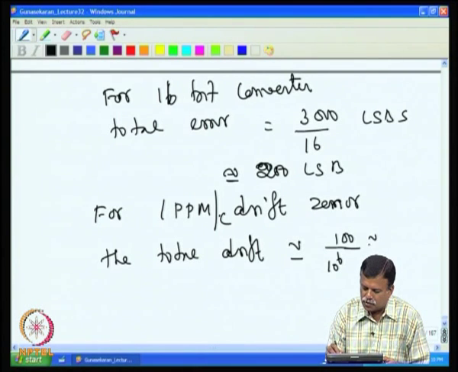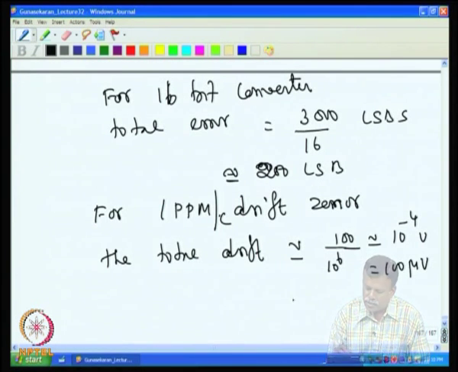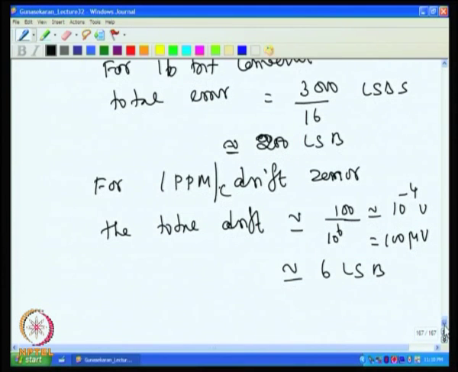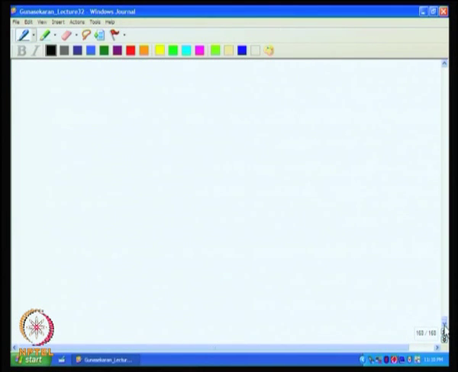So, that would be equal to 10 power minus 4 volt, that is 100 microvolt, that is even equal to 6 LSB for a 16-bit converter. Even with a 1 ppm reference you can get only 6 LSB. So, getting 1 LSB accuracy in a 16-bit converter is actually very difficult. So, one has to be aware of this problem due to the reference voltage drift.